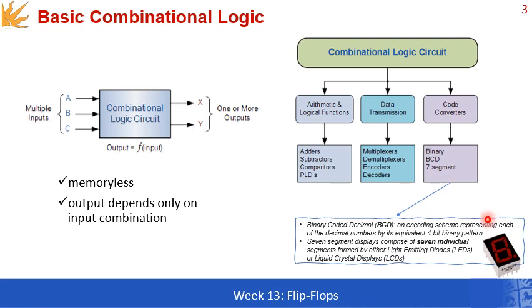That is another example of a combinational logic circuit, which is memoryless, and its output depends only on the input combination. The only thing that it needs is LEDs or liquid crystal displays to display those 7 segments in order to represent a decimal number.